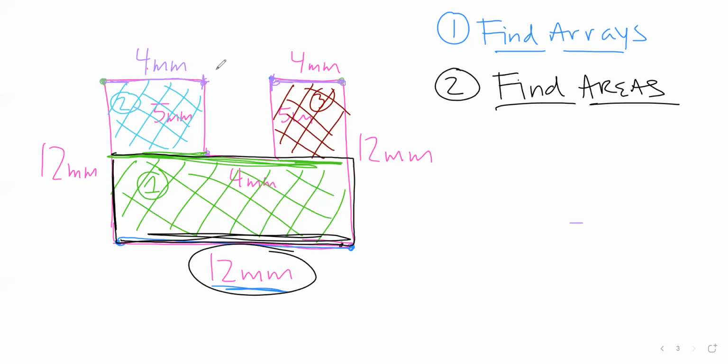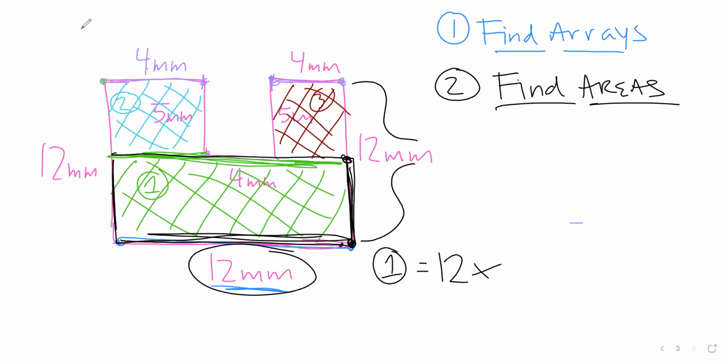So let's see. Oh my goodness, what is going on here? This is what I get for double time. My brain's fried. So we have 12 times, and then we have to figure out this distance here. What we know is the whole thing from here to here is 12.